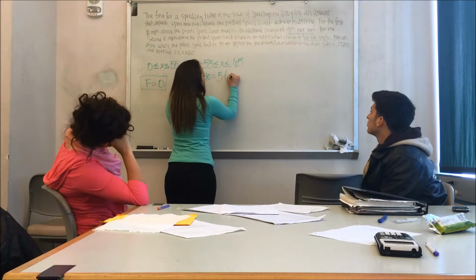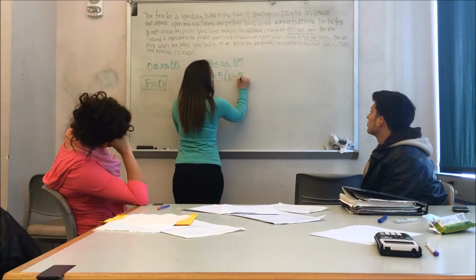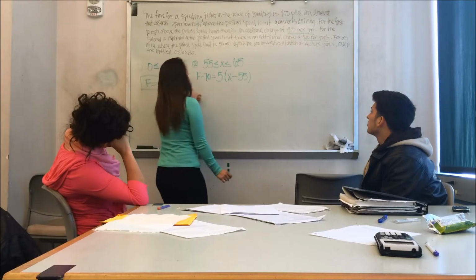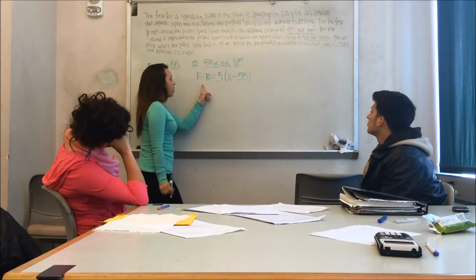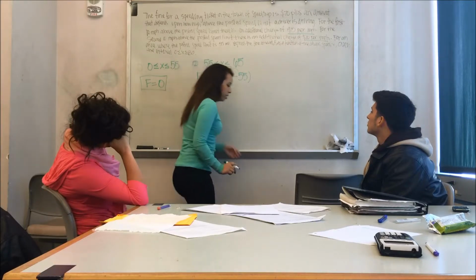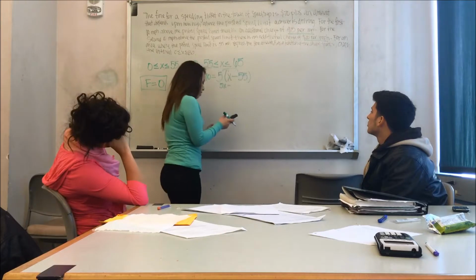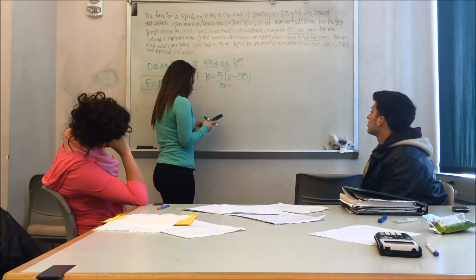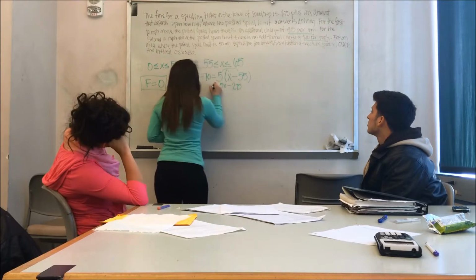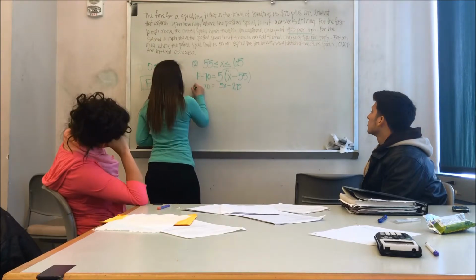And now we're going to do X minus 55, because 55 is the initial. So now we're just going to solve this and solve for F. So what we're going to do first is distribute the 5, and we get 5X minus, let me put it into your calculator, 275. And then on this side you have F minus 70.